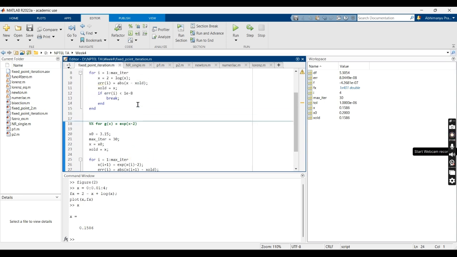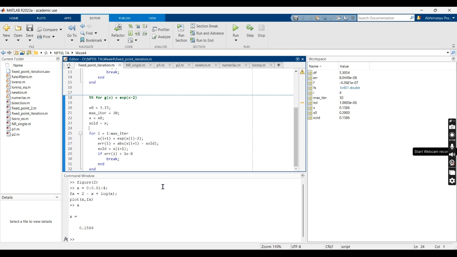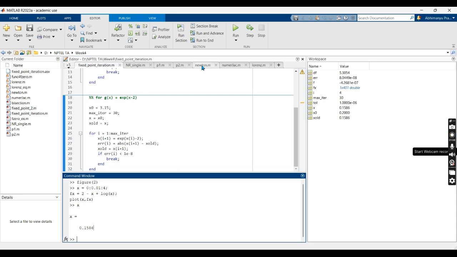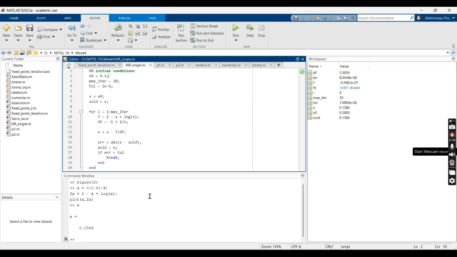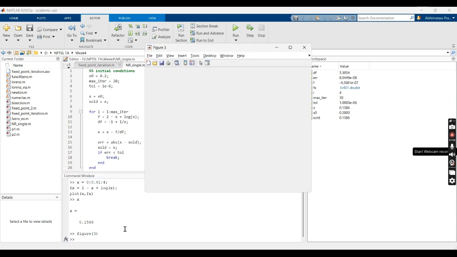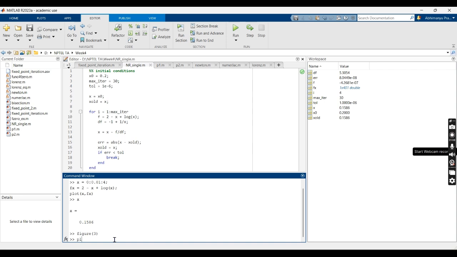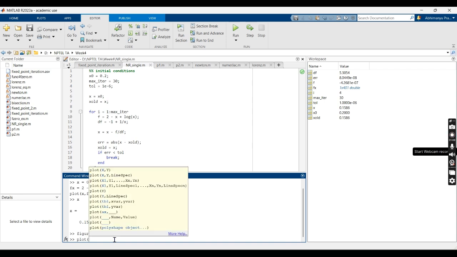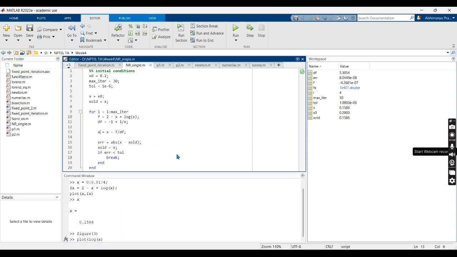So if I run this part, okay, let me first plot the error for that only. Need to store x values.